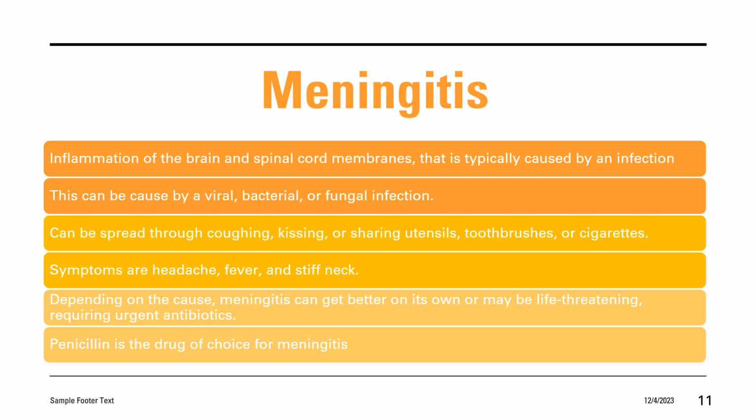Meningitis can actually be spread through coughing, kissing, or sharing utensils, toothbrushes, or cigarettes. Some of the symptoms are a headache, fever, and stiff neck. Depending on the cause, meningitis can get better on its own, or it may be life-threatening, which requires urgent antibiotics. Penicillin is usually the drug of choice for meningitis.